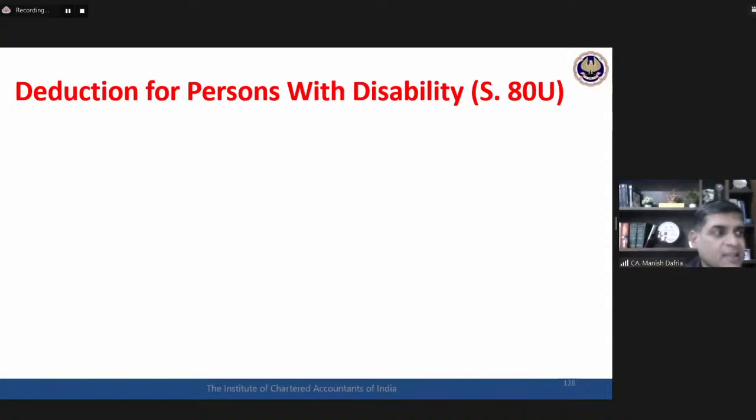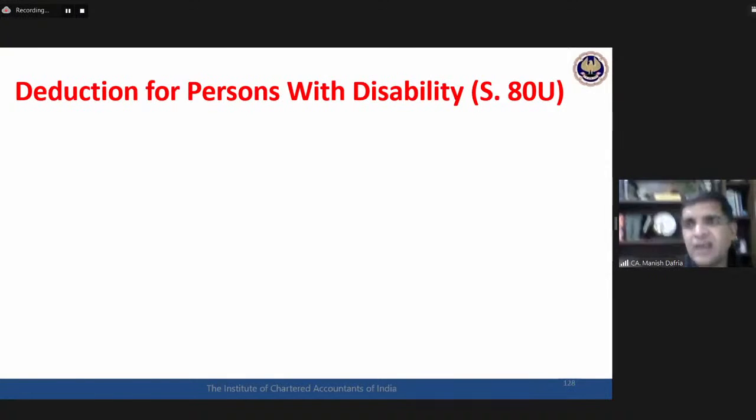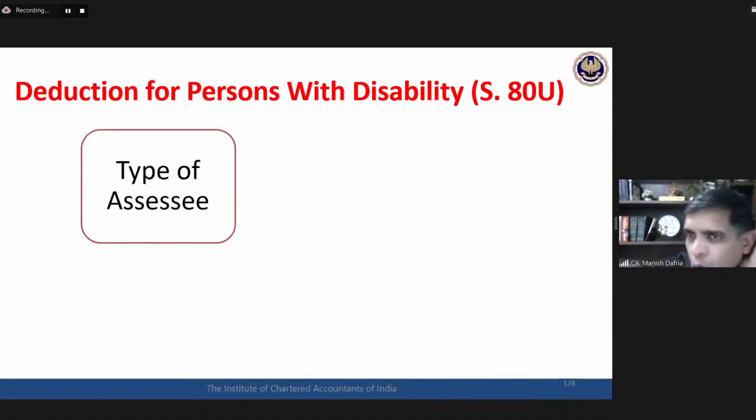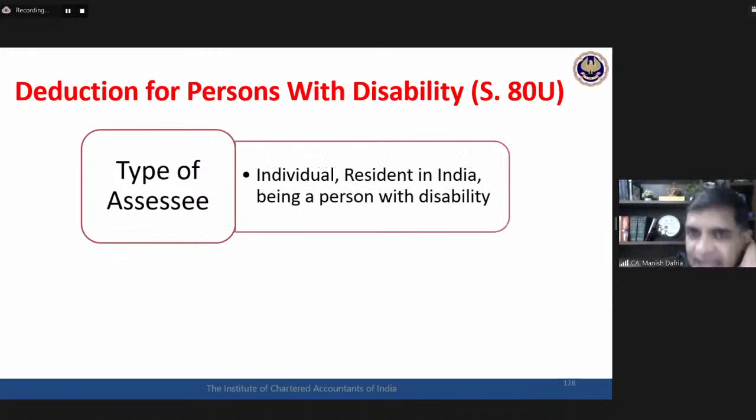And then the last piece of this whole discussion, deductions from gross total income, that is deduction for persons with disability, section 80U. Who is the assessee? Individual resident in India.